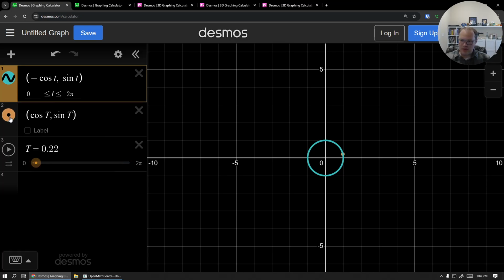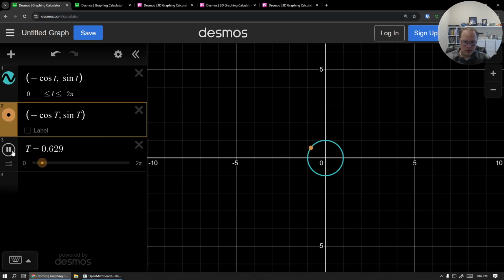Notice I still have a circle. Let me hide the point for a moment. Notice I still have a circle, right? Let's add in the point. So I traverse the same curve, but notice now I'm traversing it counterclockwise. Whereas before, when I had positive cosine, I traversed the curve clockwise.